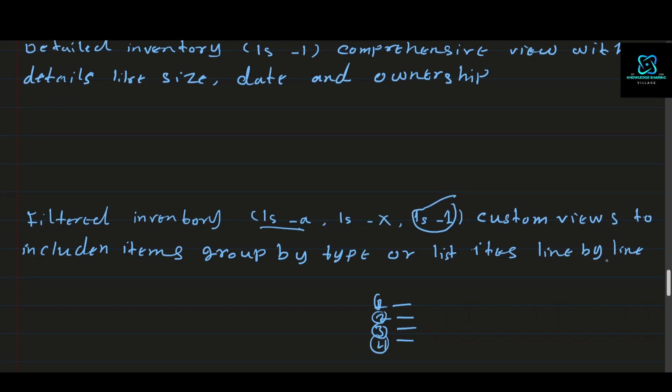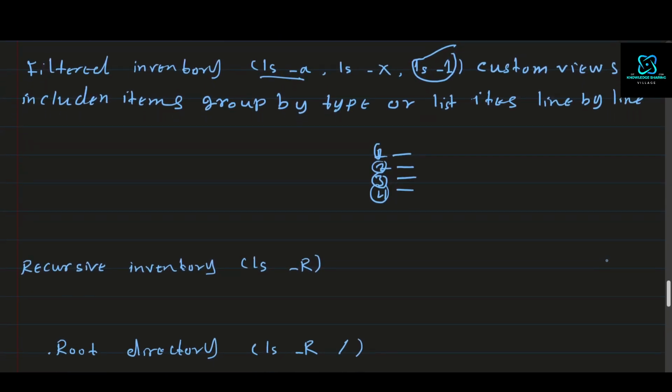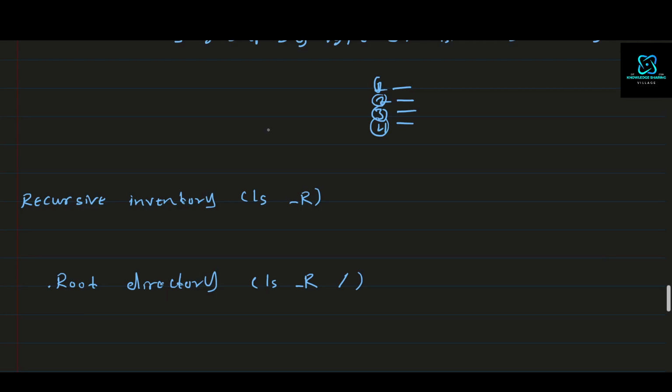So the other type of inventory, which we have categorized as a recursive inventory, is when using the ls command with this option. Here again it is based on where you are executing it.